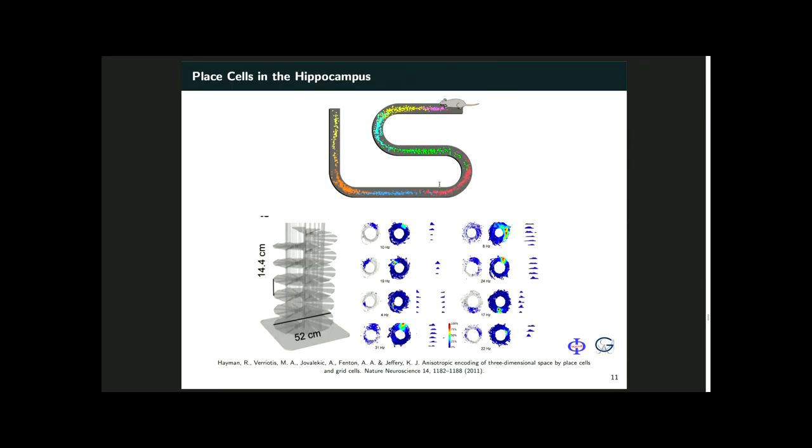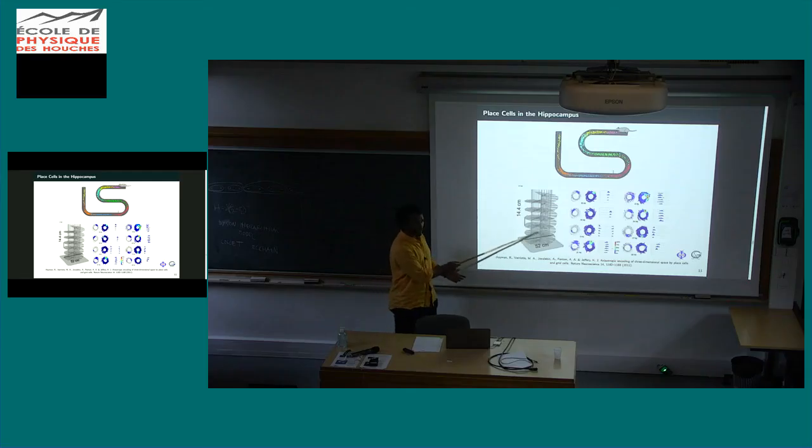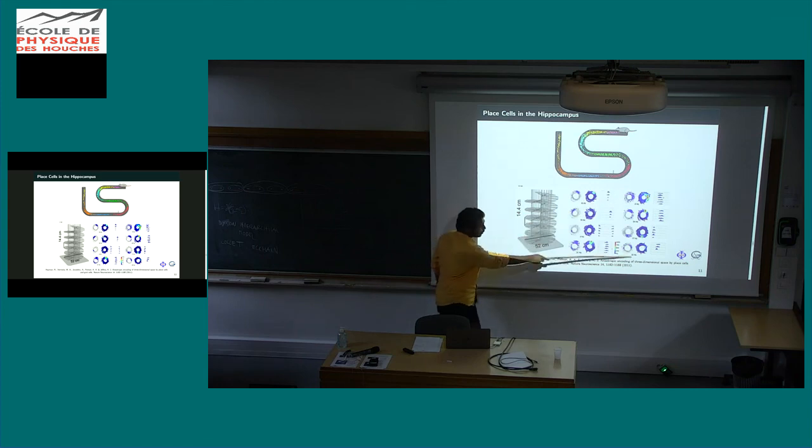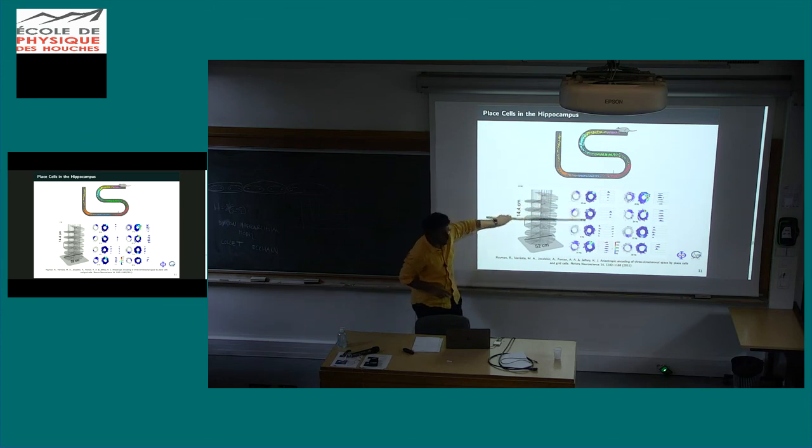What the Jeffery lab does is make a mouse run on a helix, so it is essentially a helix going up. This is the recording of the place cells when the mouse is going up, and here when it's going down. They've unraveled each turn of the helix onto a map. In this experiment they haven't changed the pitch, and what you see is that the localization is along angles.